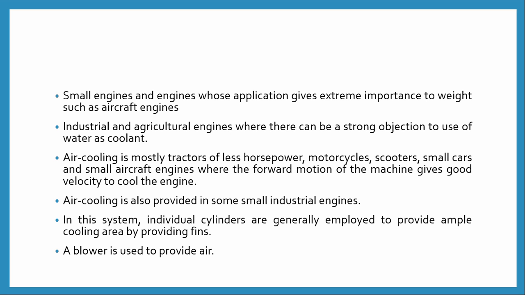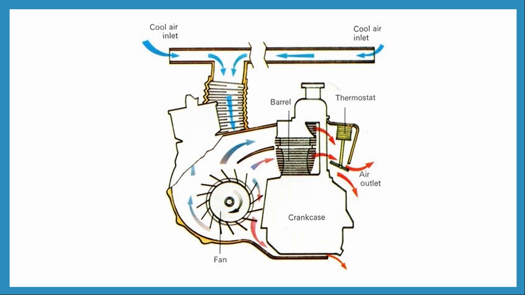Now coming to the picture of this air cooling system. Here is the picture of the air cooling system. These are the two ways from where the cool air is taken in, the cool air inlet.